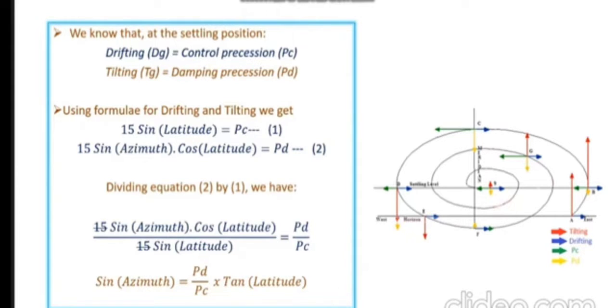So we get the relationship sine of azimuth is equal to PD upon PC into the tangent of latitude.